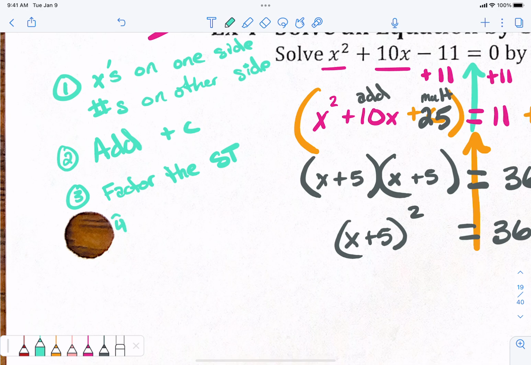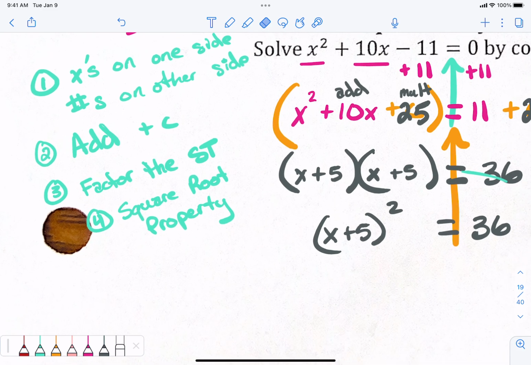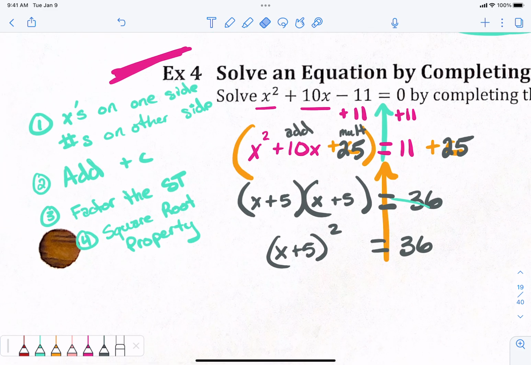And then step number 4, I write as the last step. The process of solving this thing is called the square root property. You remember doing that? The square root property means we're taking the square root and we're solving. Right? So if you need your steps, that's your steps. Okay? The square root property. I'll let you write that down for a second.